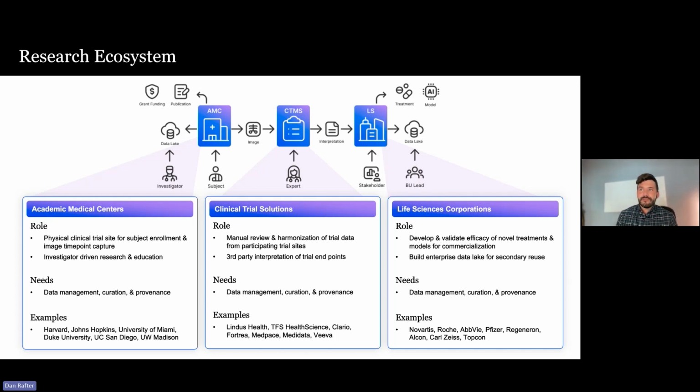We also have the arbitrators of the clinical trial, those CTMS and CRO groups that are sitting in between the AMCs and the life sciences companies. They're doing the manual review and harmonization of trial data, as well as the third-party interpretation of the trial endpoints.